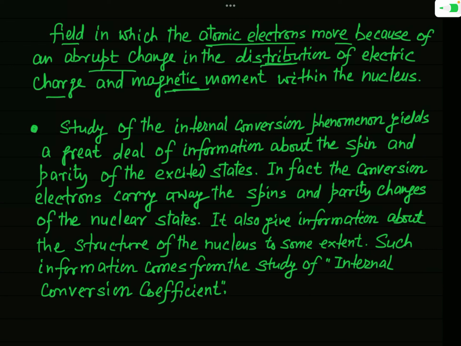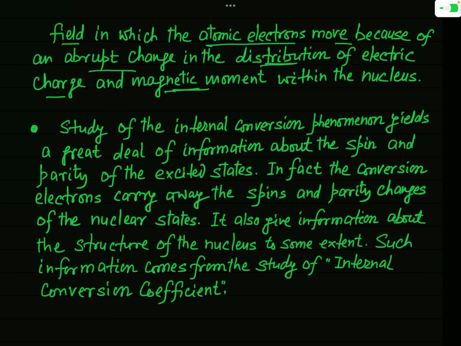It means the electron is moving in the electric and magnetic field, and here due to the internal conversion there is an abrupt change in that electric field and magnetic field, and so this internal conversion takes place. This is just a semi-classical theory. I am giving you only an overview. The complete mathematical calculation and the real situation will be discussed in the forthcoming lecture.